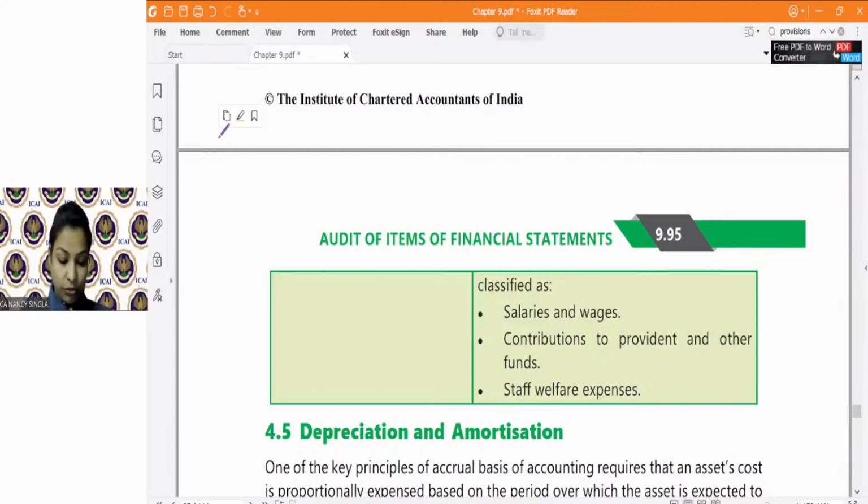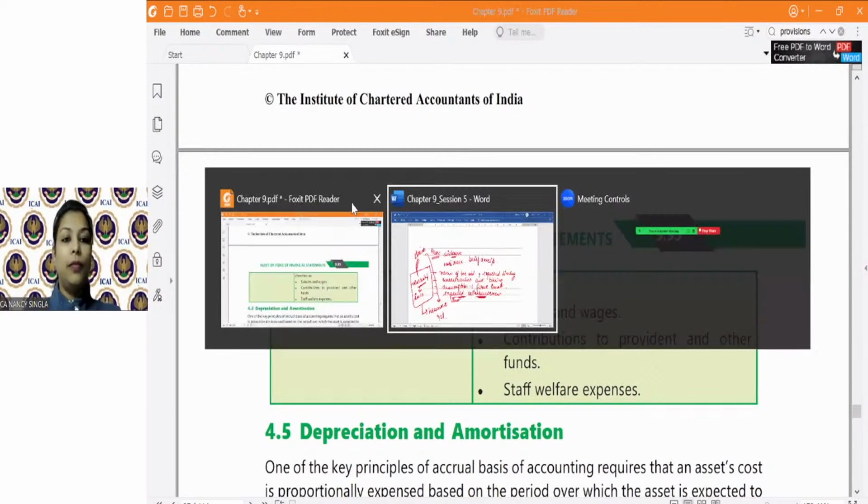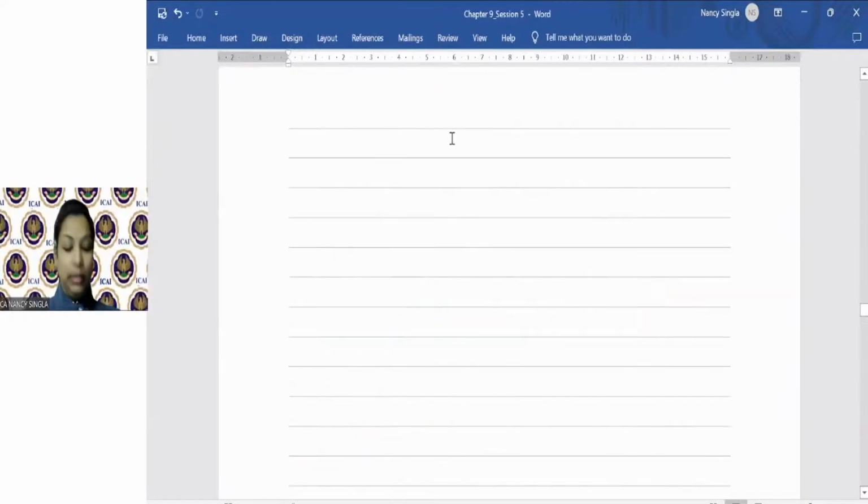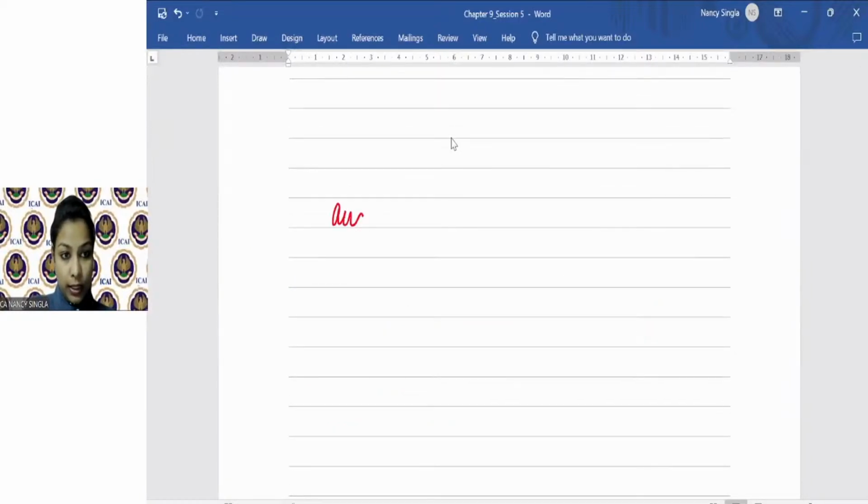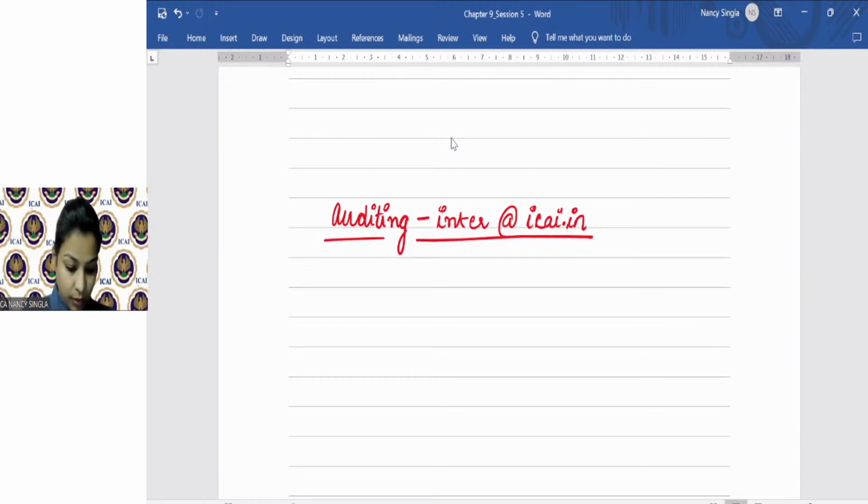In case of any such query, Alok, you can mail on this email ID, auditing-inter@icai.in. Okay? auditing-inter@icai.in. Okay?